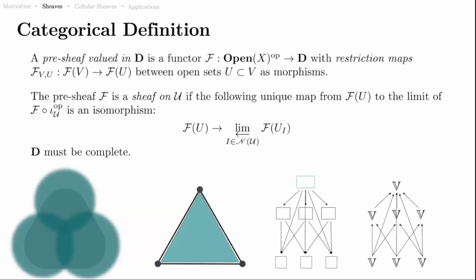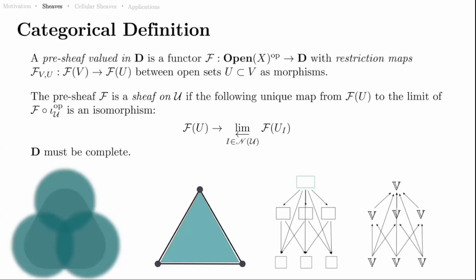So a pre-sheaf valued in what I'm going to call the data category D is just a contravariant functor from the category of open sets on X to D. We also have the morphisms, which are restriction maps, which map us between sets if there's a set inclusion U into V in our original category.